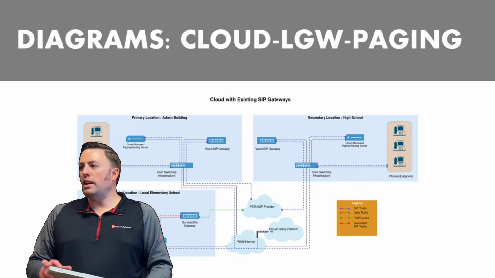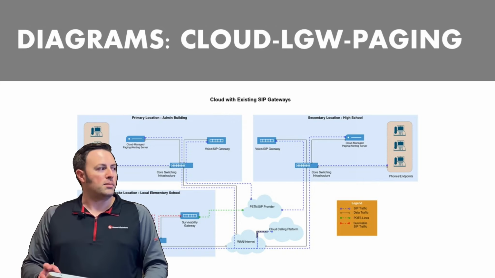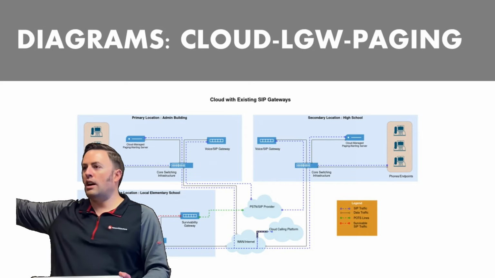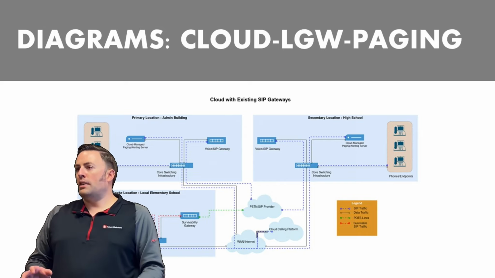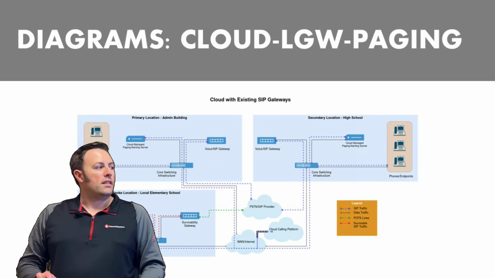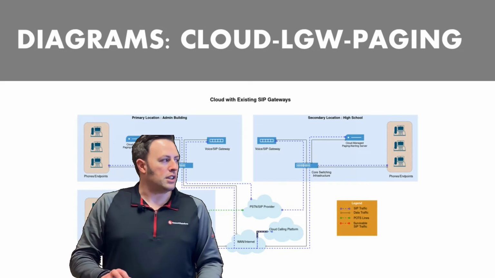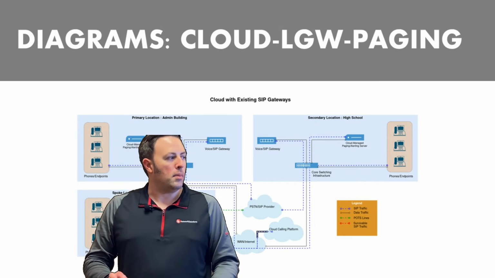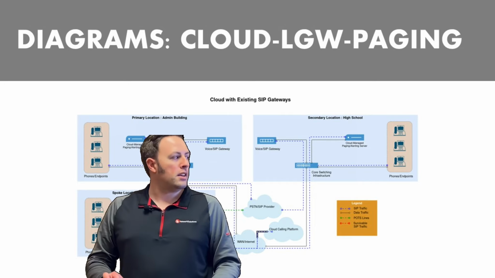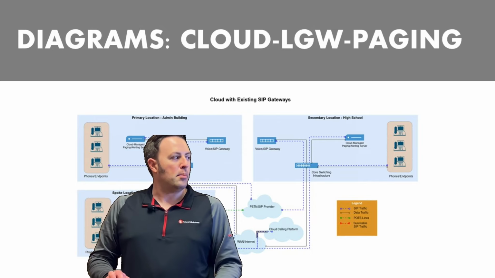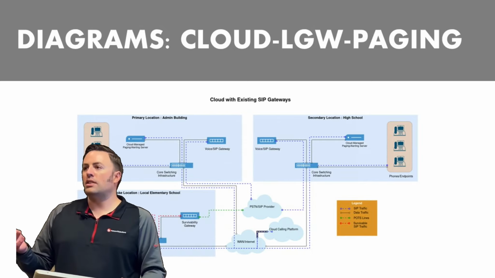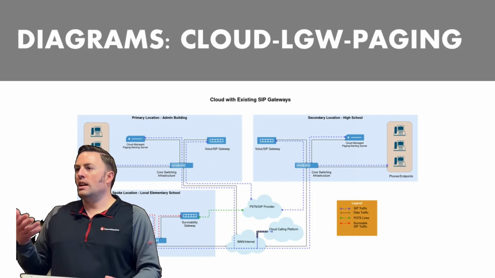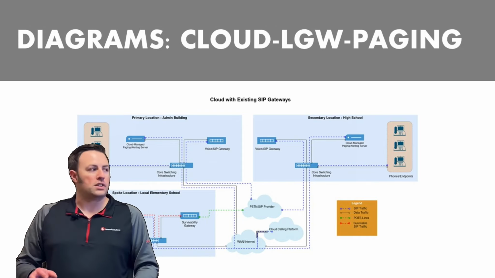It does media forking: a call comes in here, the signaling goes out to the cloud, rings the phones, and the call gets set up, but due to media path optimization, that audio path goes from the local gateway where the call came in directly to the phone. And so we can combat some of the negative aspects of having a service out in the cloud by doing this media path optimization.